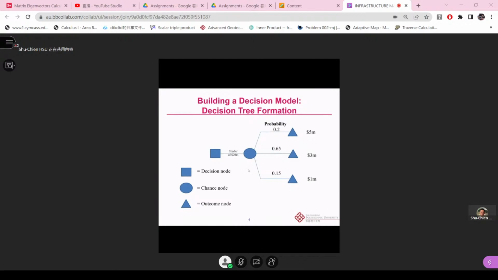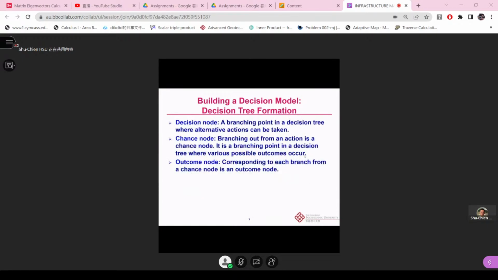Then the chance node can be separated into three different links: 20% chance to have 5 million profit, 65% chance to have 3 million profit, and 15% chance to have 1 million profit. And you can also see the triangle here, which is the outcome.